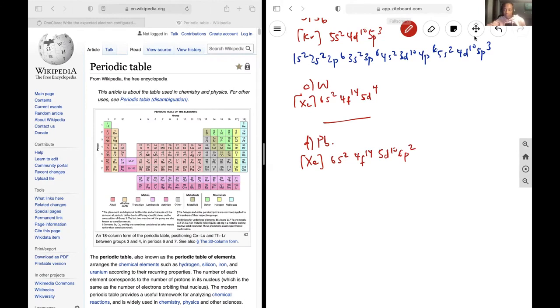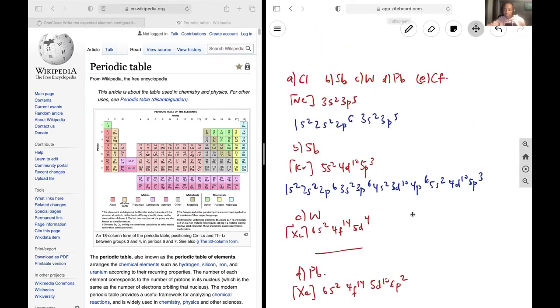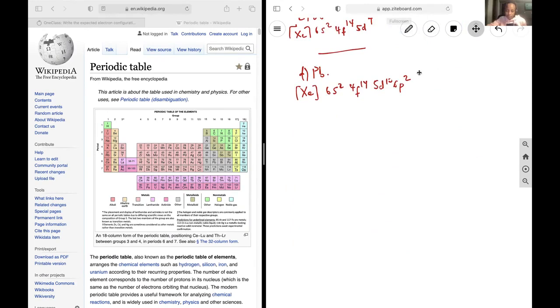And then lastly, we have Cf. Again, we're going to need to find it, and it's actually inside of the lanthanides here.